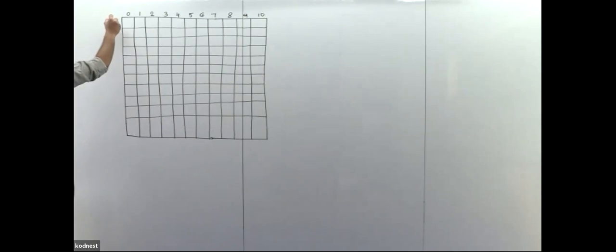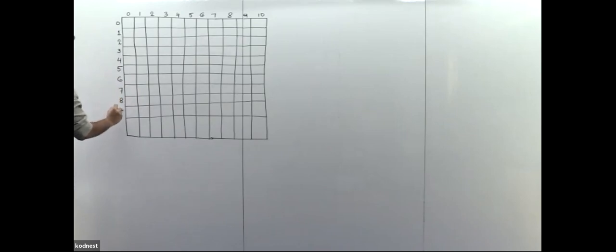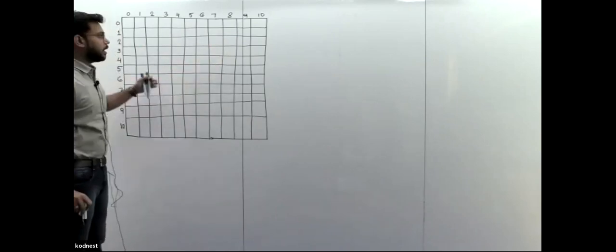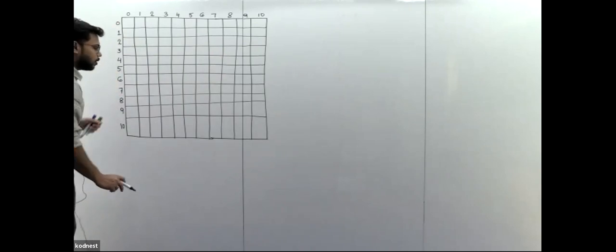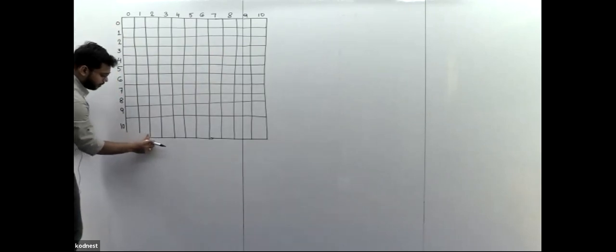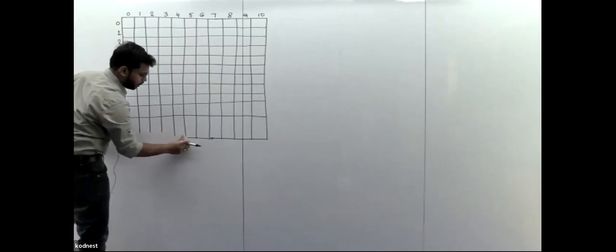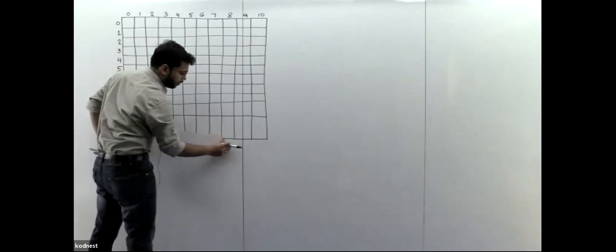In the same manner, this is the 0th row, first row, second row, third row, fourth row, fifth row, sixth row, seventh row, eighth row, ninth row, 10th row. Totally 11 columns I have, totally 11 rows I am having. Maybe I will make it in the proper square format.